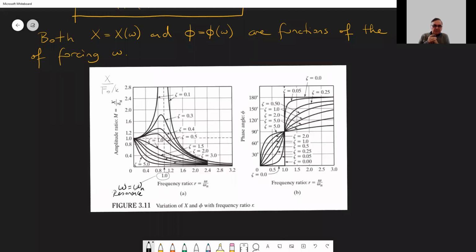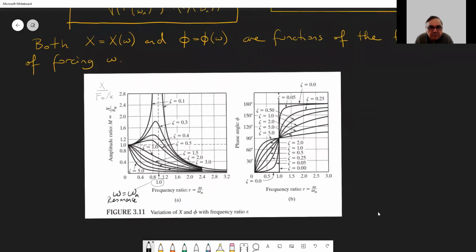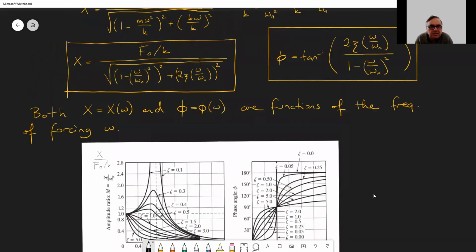But around that value, the amplitude of vibrations becomes very large. So resonance is an important phenomenon, and we can see that from our equations.